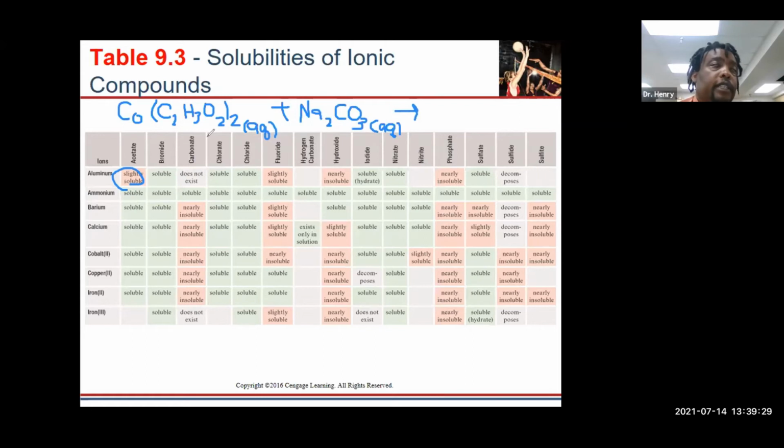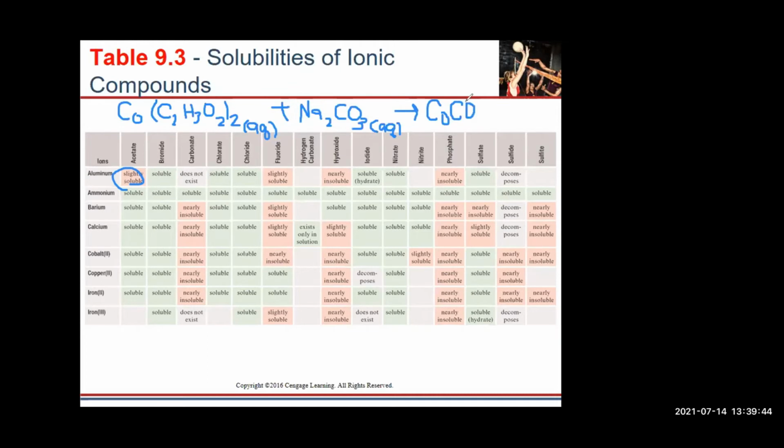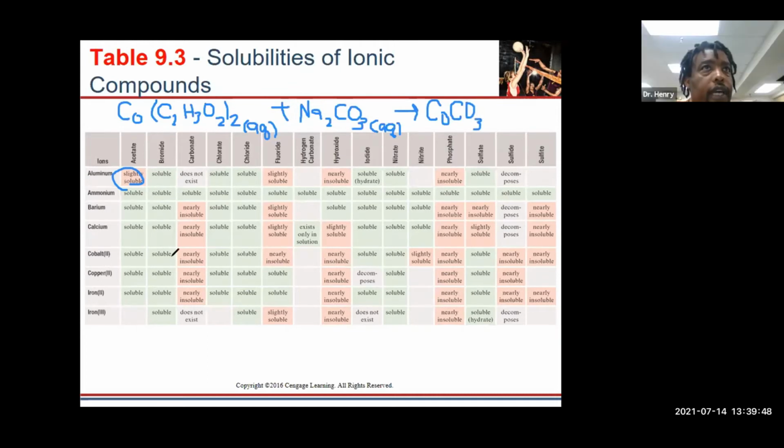So if I do a double replacement reaction, I'll have cobalt and what? Cobalt and CO3, carbonate. So cobalt carbonate is pink, so that means it's going to form a solid.